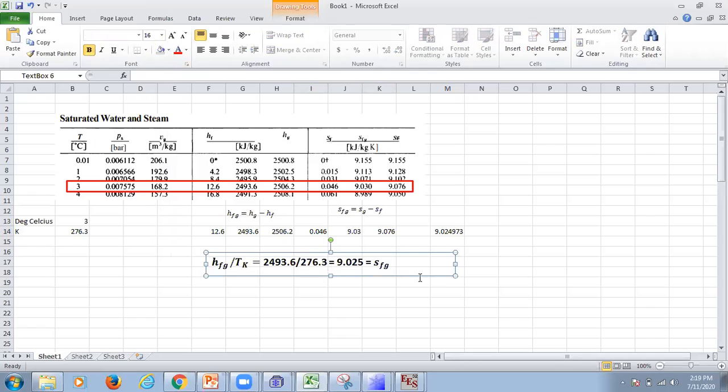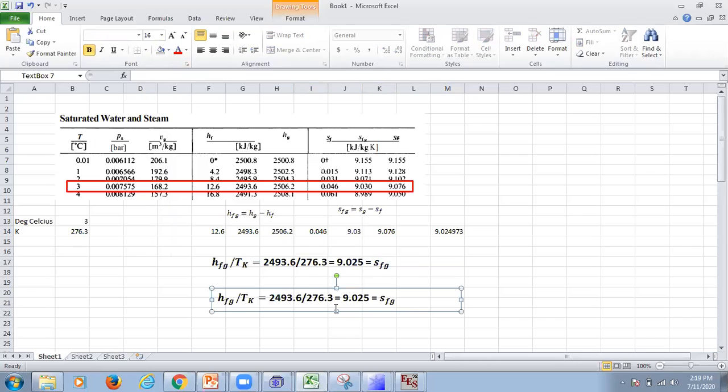You can see in the property tables, the calculations are done for sfg as hfg by T in kelvins. That's how it is calculated.